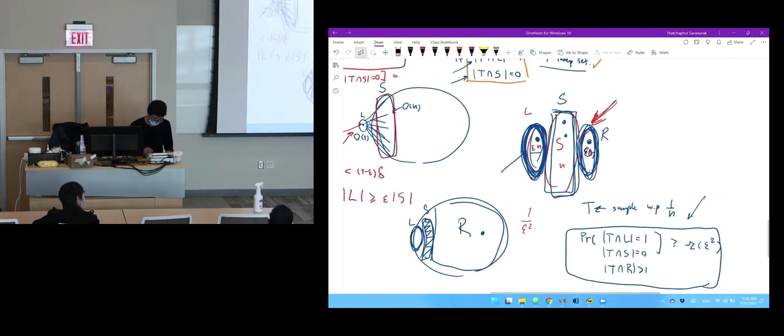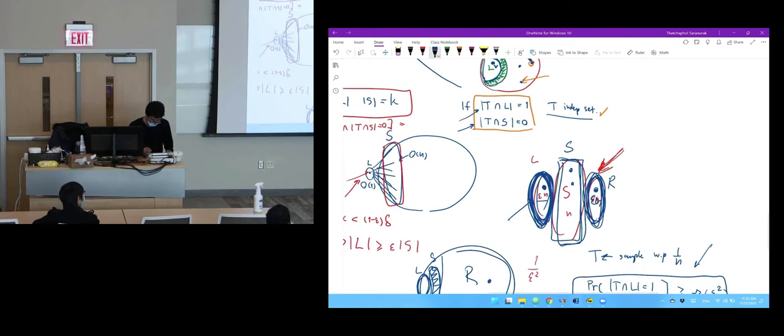Sorry, I should say that we should sample with probability 1 over S plus L. This is going to make it work, or you can think of the max of S and L.